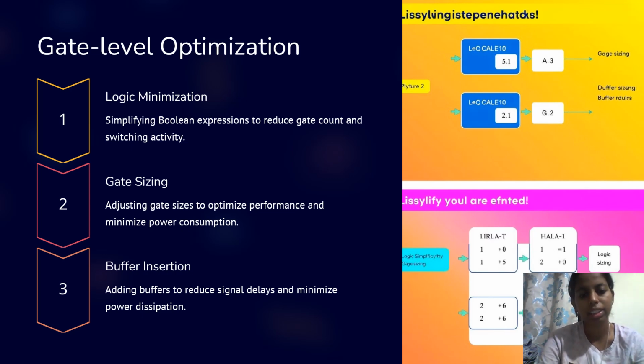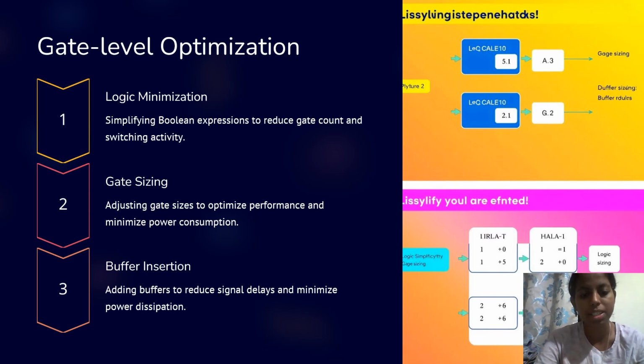VLSI is right now working toward that. Gate sizing is nothing but minimizing the gate sizes; instead of implementing complex gate sizes, we can implement simpler gate sizes, which are easier to understand and readable, and which minimize power consumption.